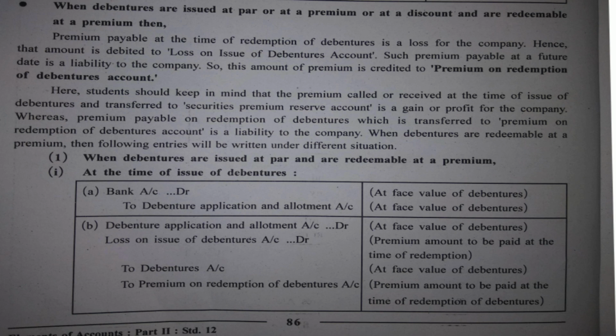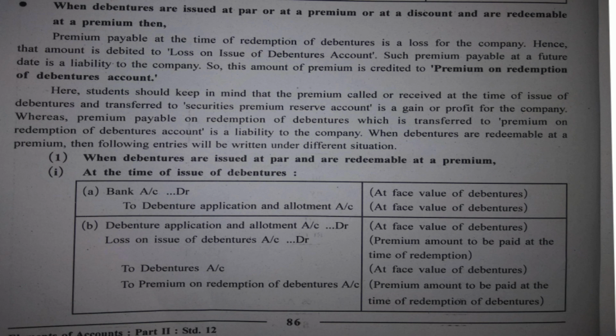So at that time, what are the journal entries? The first journal entry is the same: bank account debit to debenture application and allotment account. The second journal entry says debenture application and allotment account debit, the face value. Loss on issue of debentures account debit, the amount of premium that is to be paid at the time of redemption.